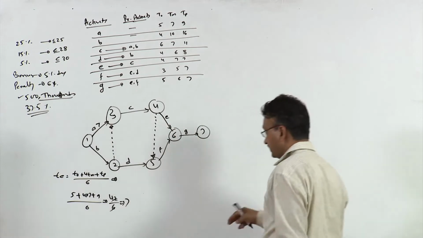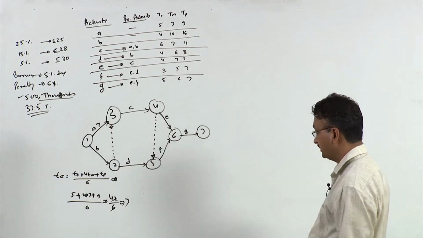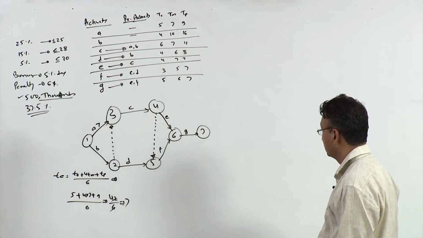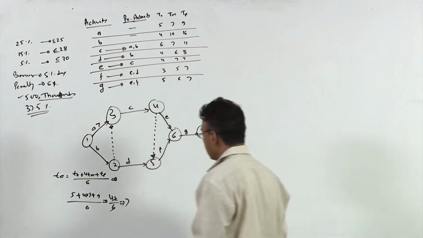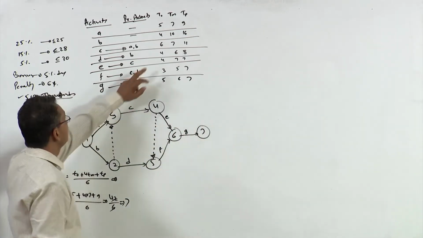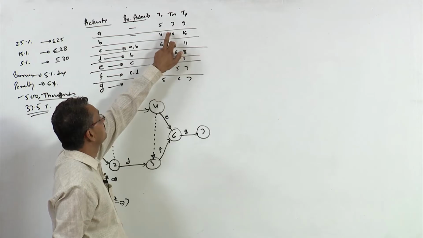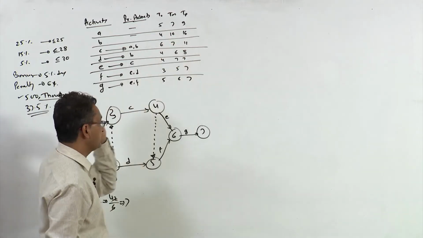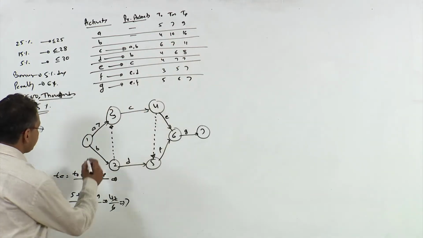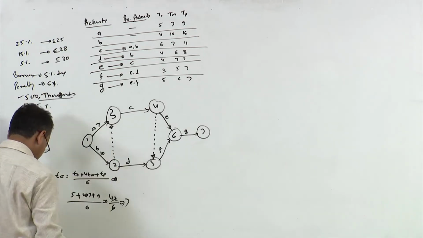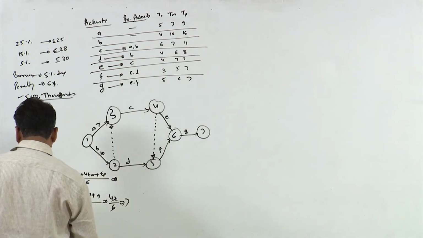Similarly, you can calculate the durations of other activities. For B, it would be 40 plus 20, which is 60, by 6, so 10. For B it is 10. Similarly, you can calculate durations for the other activities.